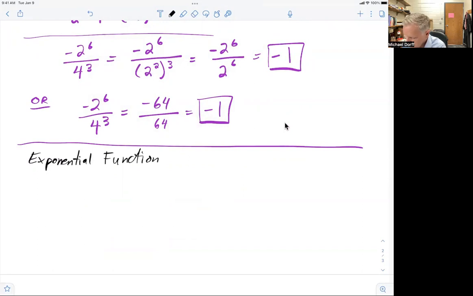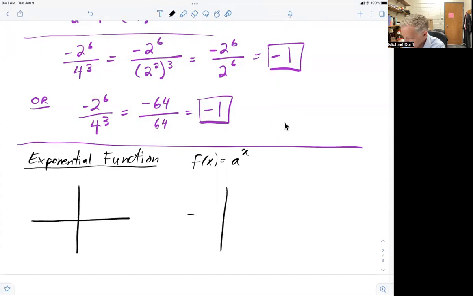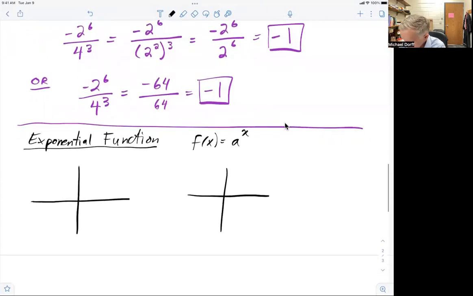So this is going to be a function that looks like f of x equals a to the x power. And what does the graph of that look like? Well, if a is greater than 1, the graph is going to look like this. And this point right here is the point (0, 1).